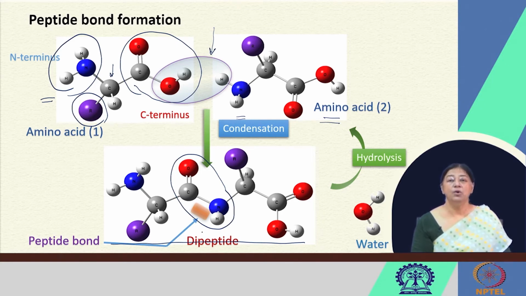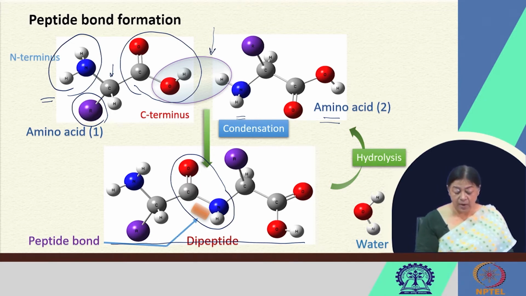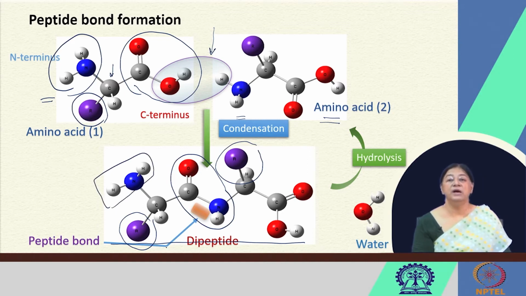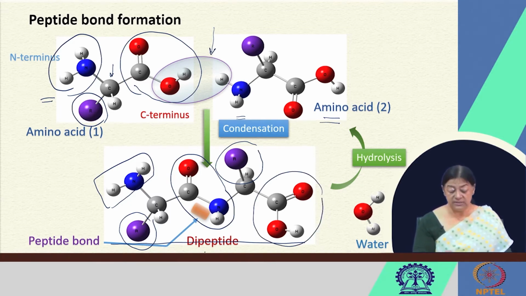We mean the order in which the amino acids are linked to each other. So, when we have our first amino acid linked to the second amino acid, we know that the amino or the N terminus is on amino acid number 1 and the C terminus is on the end amino acid. In this case, since we have a dipeptide, it is going to be on amino acid number 2.